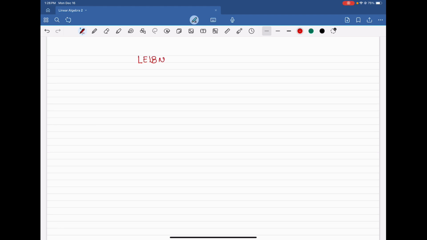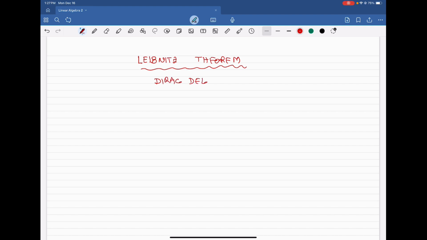Leibnitz theorem, and I will give a little bit of introduction to the Dirac delta function also. It is not there in your syllabus, but we can't say what is calculus.